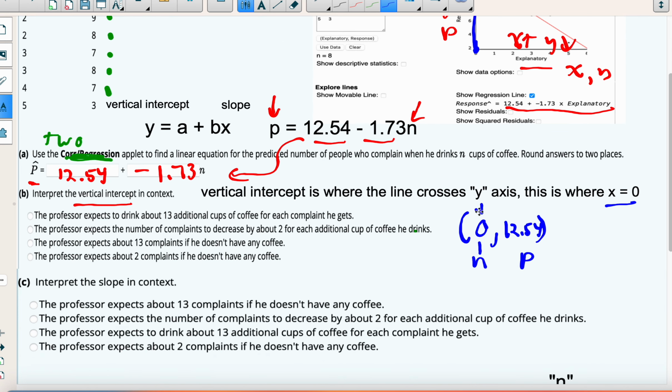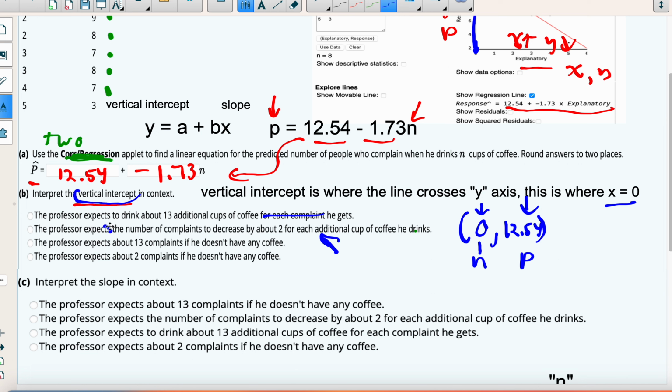When the professor drinks 0 cups of coffee, he gets about 12.54 complaints, P. Let's look here. The professor expects to drink about 13 additional cups of coffee for each complaint. Nope. The professor expects the number of complaints to decrease by about 2. Well, that is kind of true, but we want to know about the vertical intercept. This is talking about the slope here.